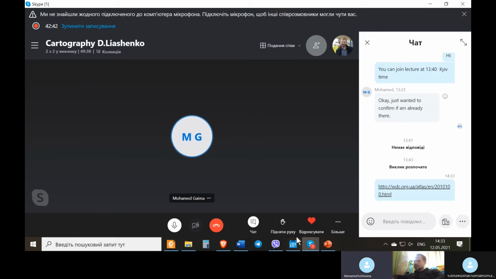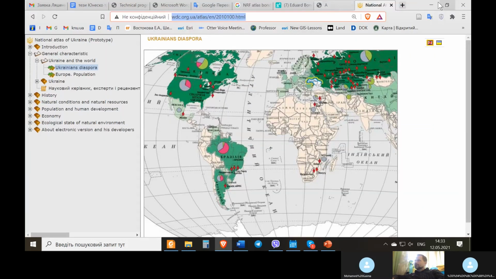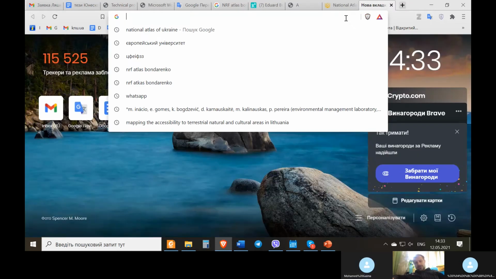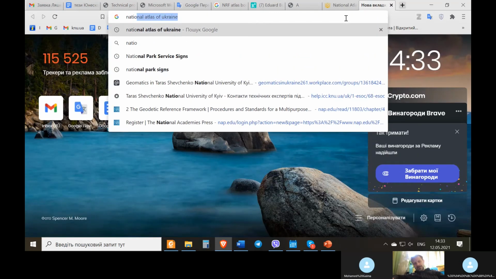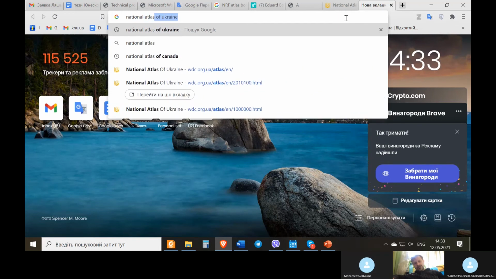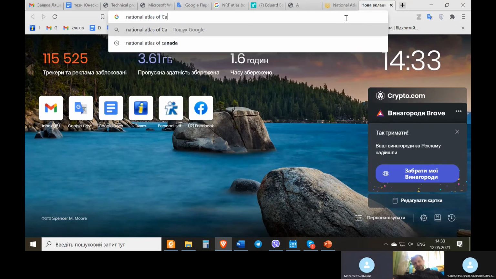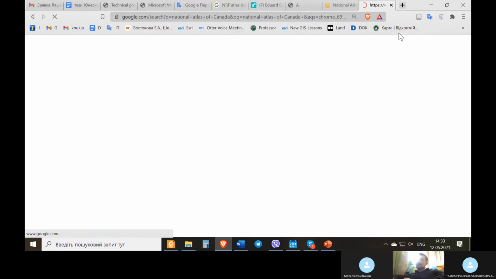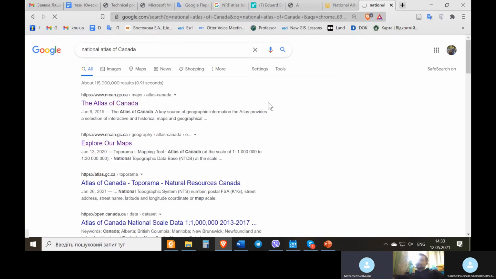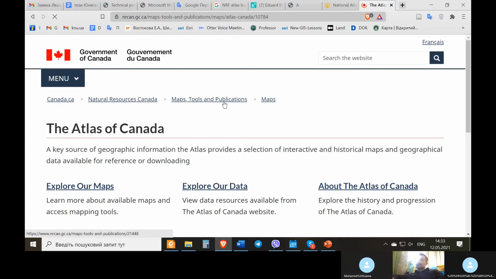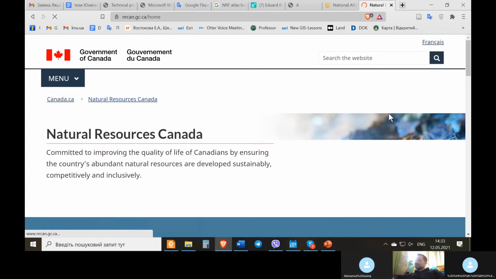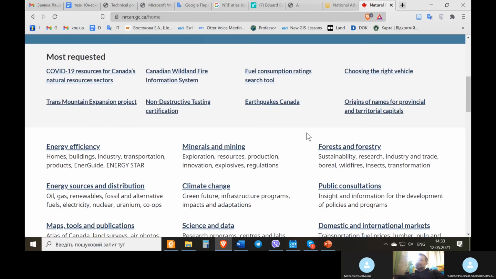Also, you can try to access National Atlas of Canada, for example, and all these you can see different subjects about minerals and mining, energy, climate, forests, etc.